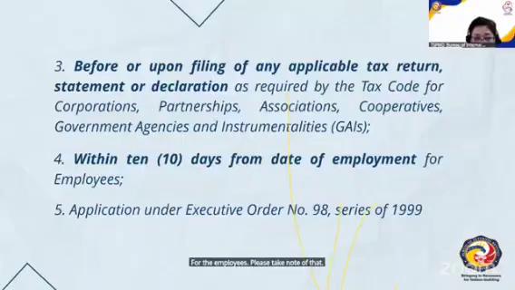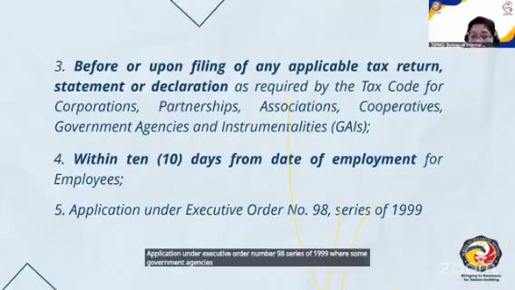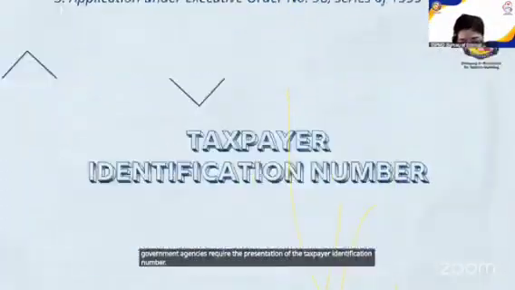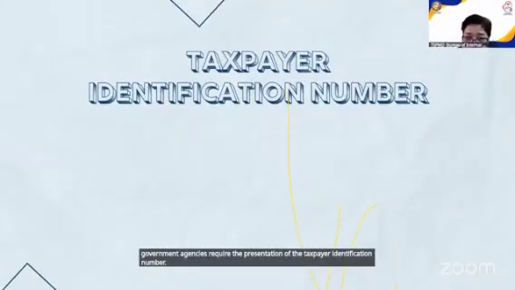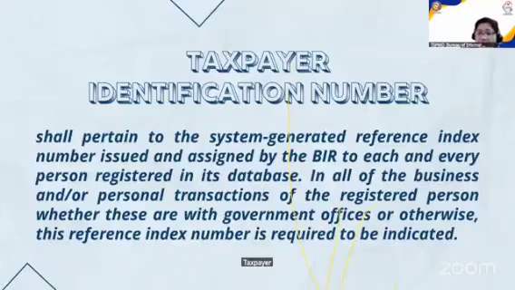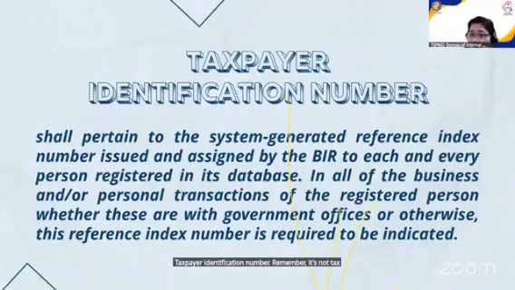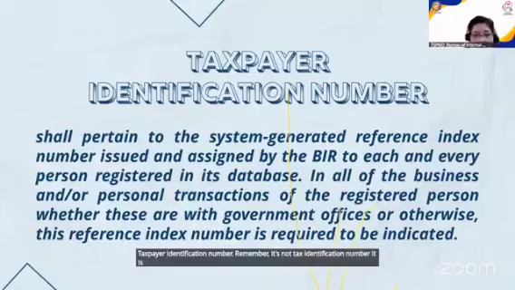And lastly, application under Executive Order Number 98 Series of 1999, where some government agencies require the presentation of the taxpayer identification number. Taxpayer identification number. Remember, it's not tax identification number. It is taxpayer identification number.